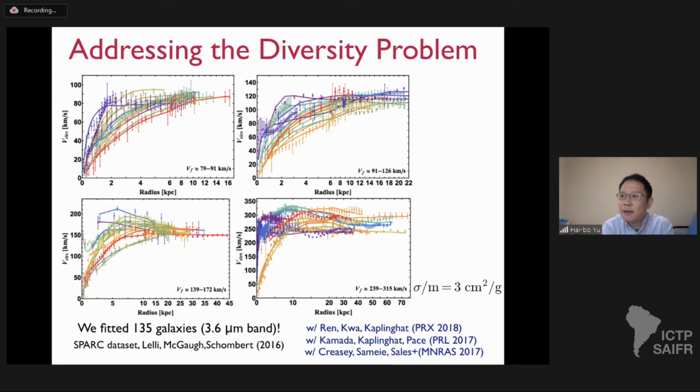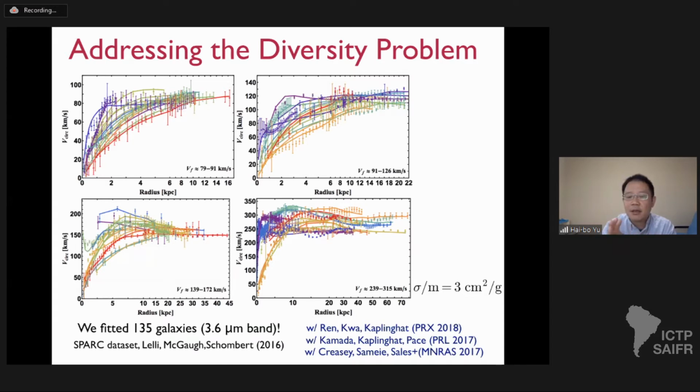Then there's also another parameter, the mass-to-light ratio, because you observe the luminosity, and from that you infer the mass. But there's a reasonable range on these 2 parameters, and there are additional constraints from halo concentration.